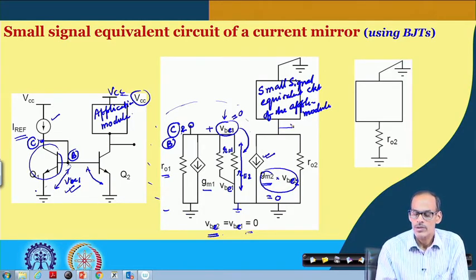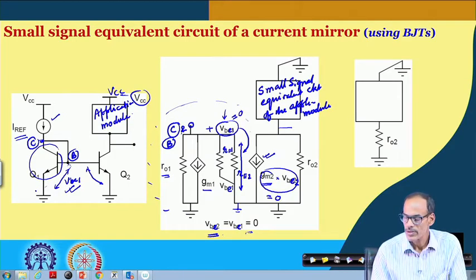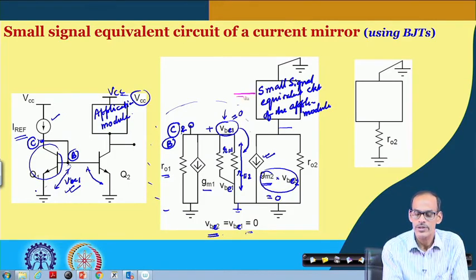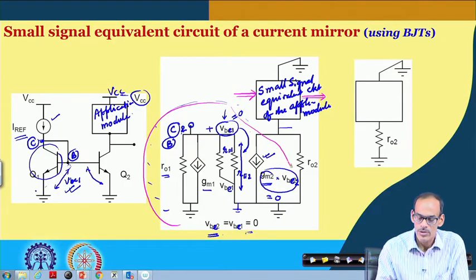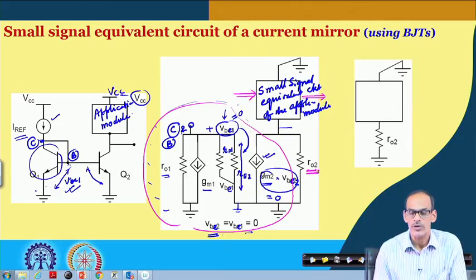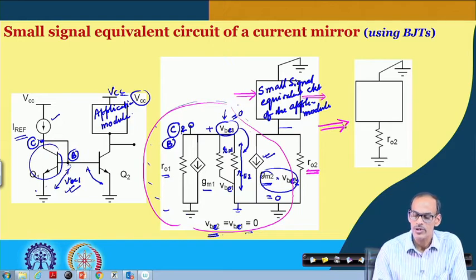And so, now whenever we are feeding a signal to this application circuit and we would like to know its corresponding transfer function, then this entire portion we can completely omit. We can just consider this RO2. As a result, the corresponding small signal equivalent circuit becomes like this.